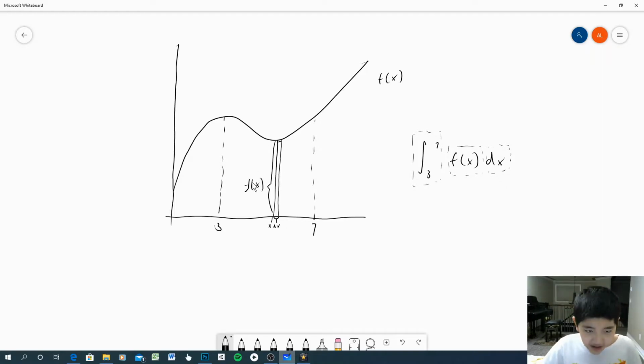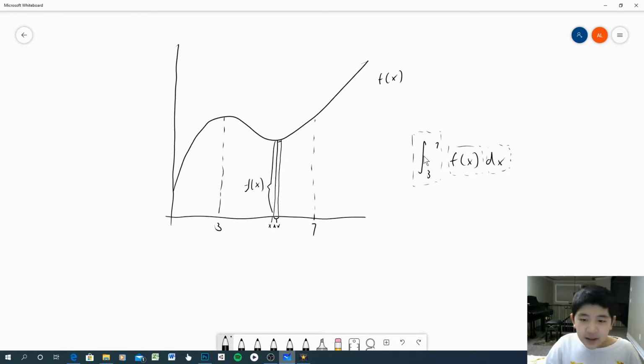So the area of this thin little slice would be dx times f(x), which we can clearly see here. So this f(x) times dx gives us the tiny little area for this one little slice.